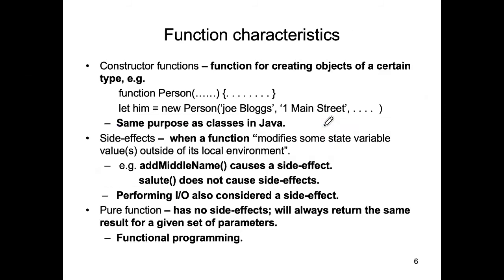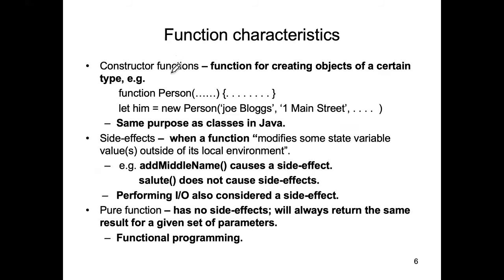Some other function characteristics. There is this notion of constructor functions, which was part of the language from day one. Now, the word constructor means something to you based on what you know about, let's say, the Java language. A constructor, as you know, is a method of a class for creating instances of that class. Constructor functions actually have the exact same role. They allow you to create instances of a particular object type, object in the JavaScript sense.